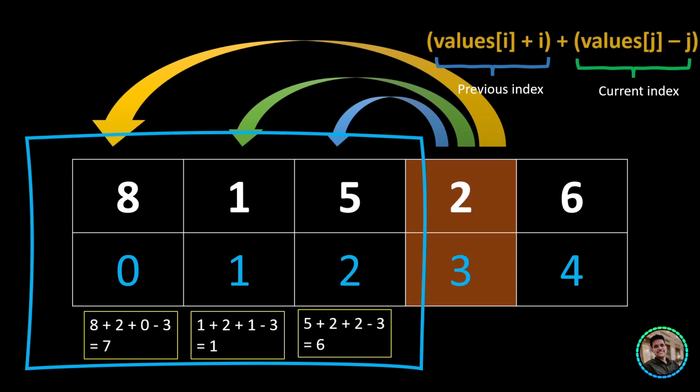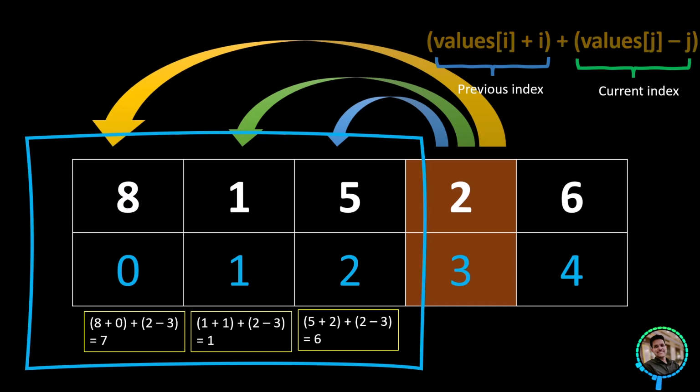Focus your attention on the bottom computations that we did, and we rewrite it again based on the formula that we have rewritten. It will become like this, wherein the value is 8 plus 0 plus 2 minus 3, 2 minus 3 being the current index value, and we similarly write the others as well.